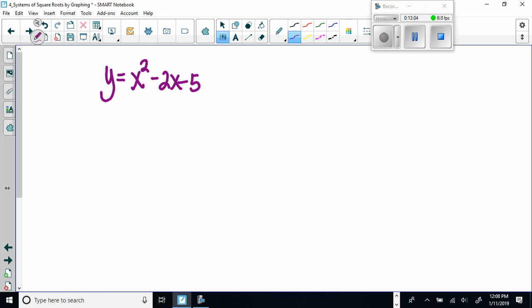I want to remind you that I can change this equation into vertex form. I could complete the square, if you remember that, or I can find the vertex. So the formula for the vertex is -b over 2a. And so in this equation, my b value is -2.